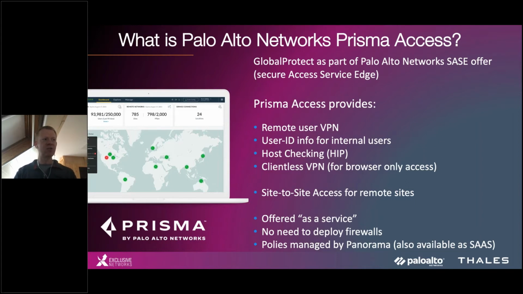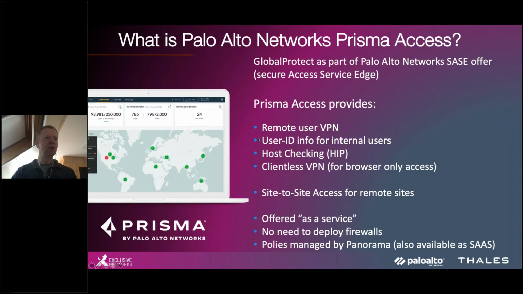It's just like a service which is delivered by Palo Alto, which is running fully in the cloud. And you only need Panorama. Panorama is the central management platform of Palo Alto, but you still need that, of course, because you want to define your policies. But you don't need to deploy any additional firewalls, physical or virtual, in the cloud. This is all done by Palo Alto.